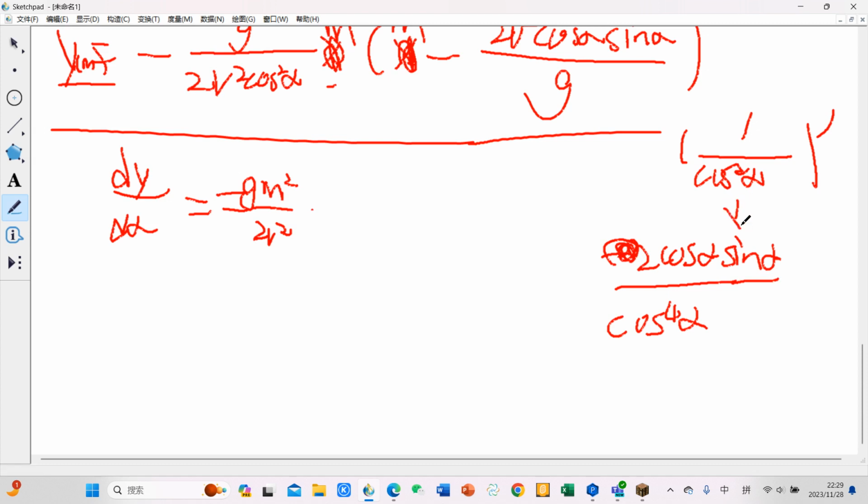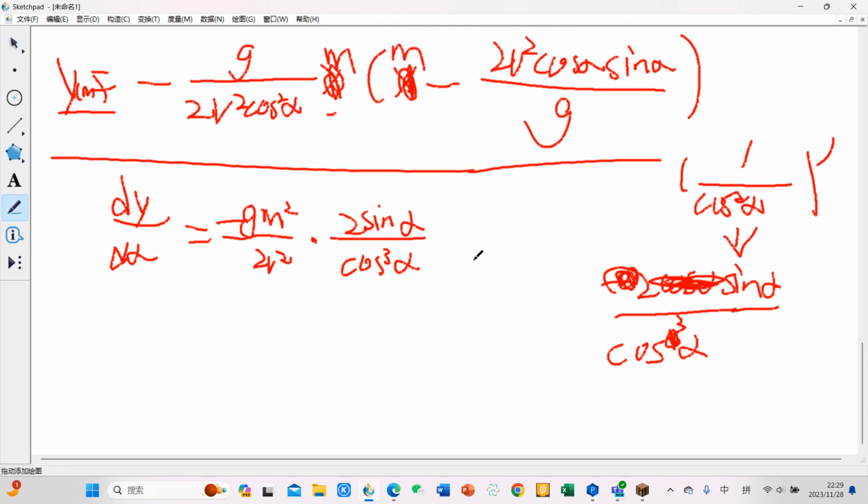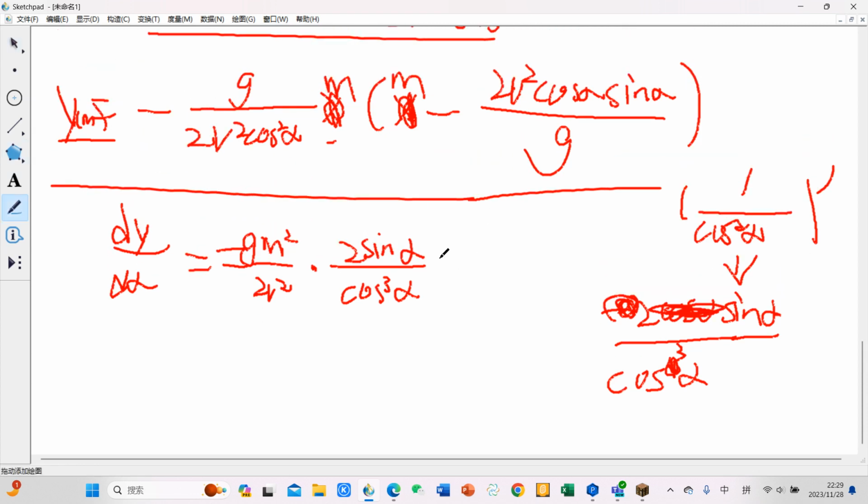This derivative is simply this, and we can cancel out one cosine alpha, so it comes to cosine cube and 2 sine alpha. Now we plus, because these are two minuses, so it's going to be plus. And plus what kind of things? Oh, this is pretty good though. Many things cancel out, isn't it?